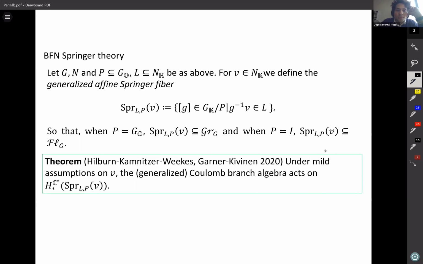Under my assumptions on this element v in N(K), we have an action of the generalized Coulomb branch algebra on the equivariant homology of the generalized affine Springer fiber. And all the Hilbert schemes that we have talked about turn out to be generalized affine Springer fibers.